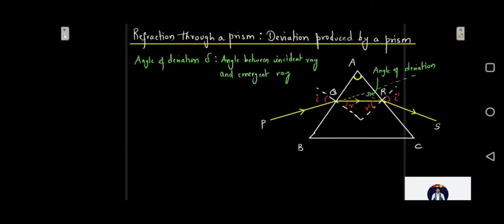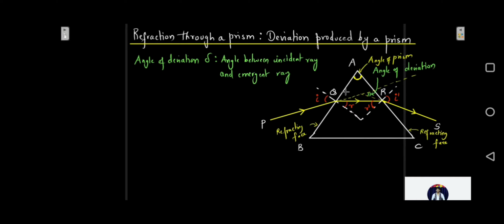That is the angle between the two refracting surfaces. Again, this is a refracting face, this is also a refracting face. This is the incident ray, normal, emergent ray, refracted ray.